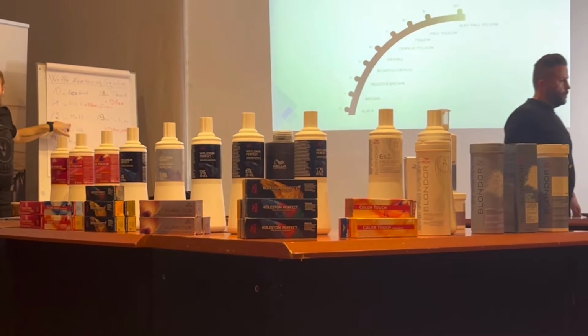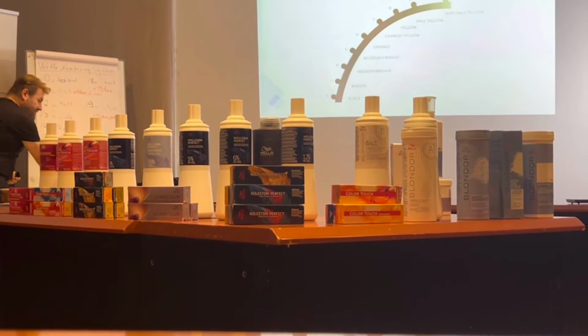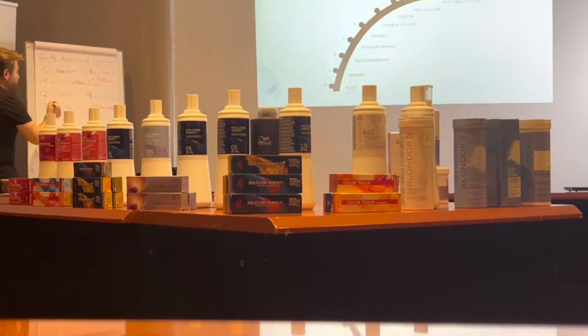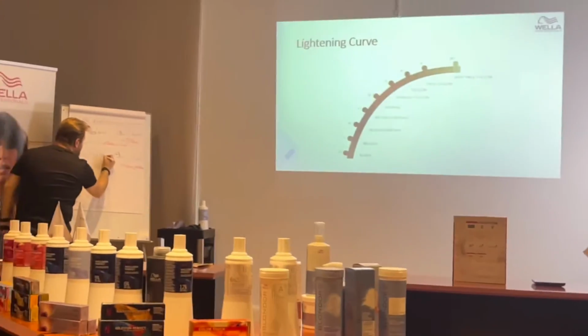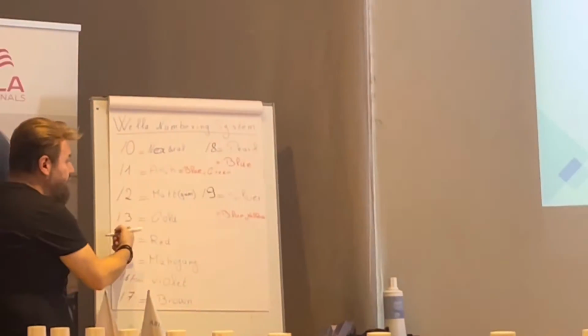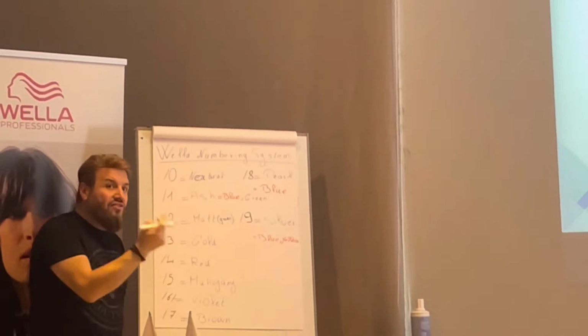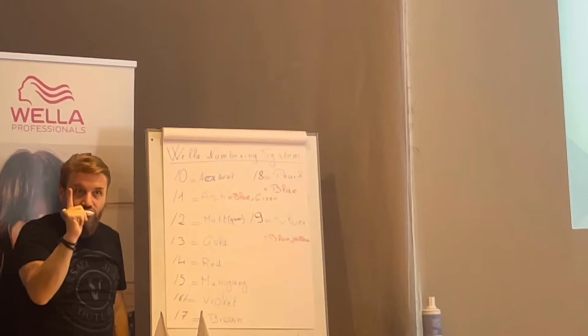Stroke 2 is different. Stroke 2 is matte in Wella. In different companies it is different. So matte is green. Stroke 3 is gold. Stroke 4 is red. In other companies it is copper. So be aware, huh?